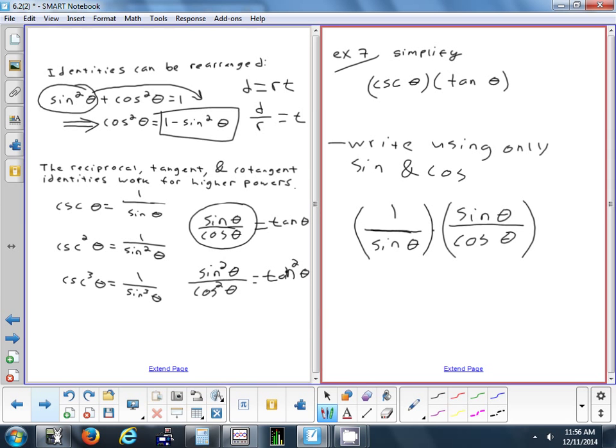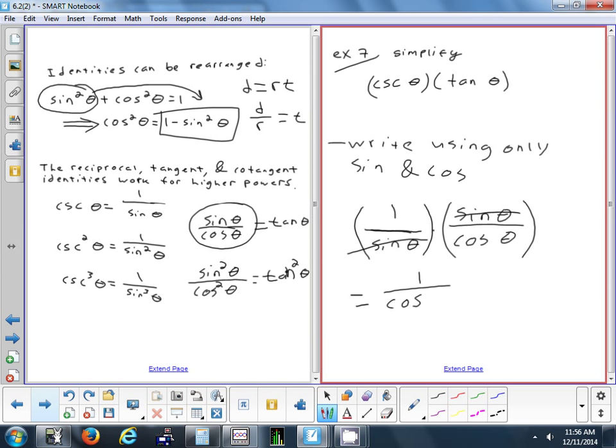Now, what happens when you multiply these fractions together? Yeah? You get the sines crossing or cancel out. Yep, same thing in the top and bottom. Those cancel. So you get 1 divided by cosine.